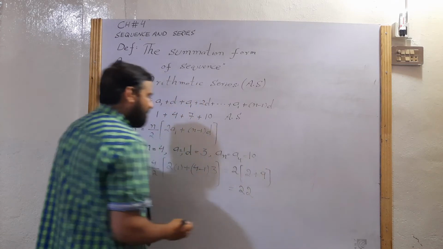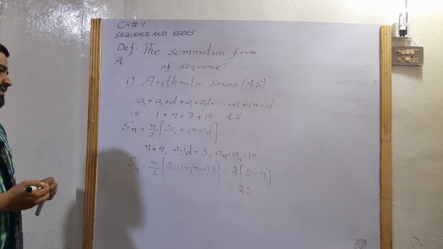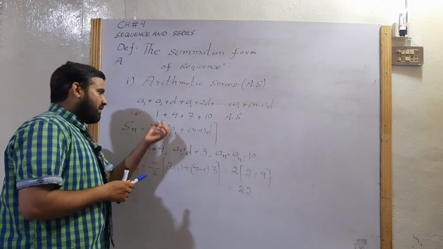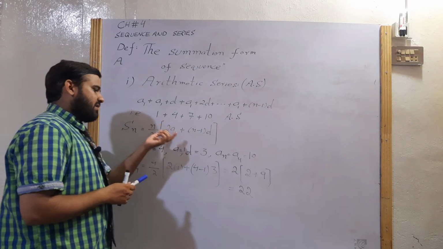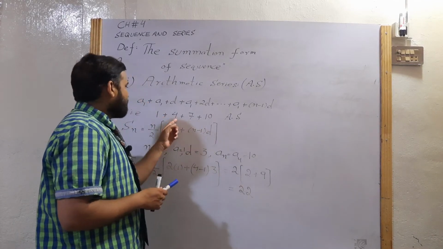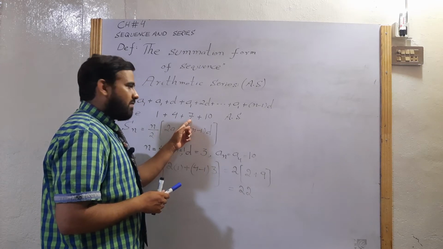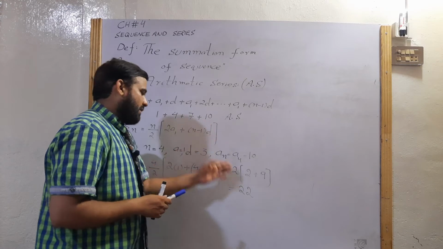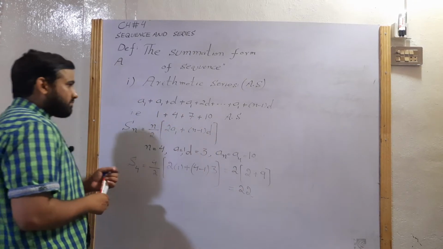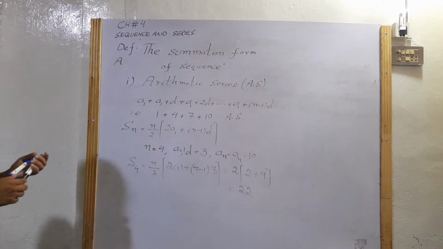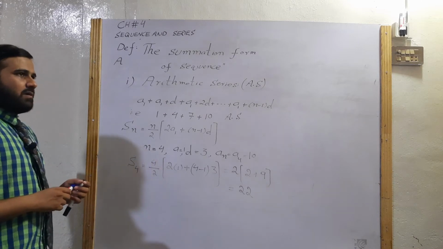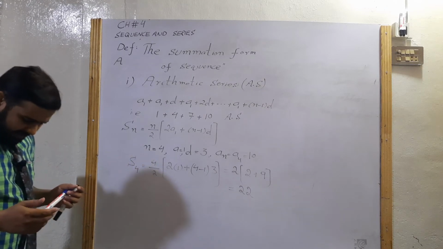It means that the sum of the first 4 terms in this case is 22. We can easily verify it: 1 plus 4 is 5, 5 plus 7 is 12, 12 plus 10 is 22, and this is also 22.